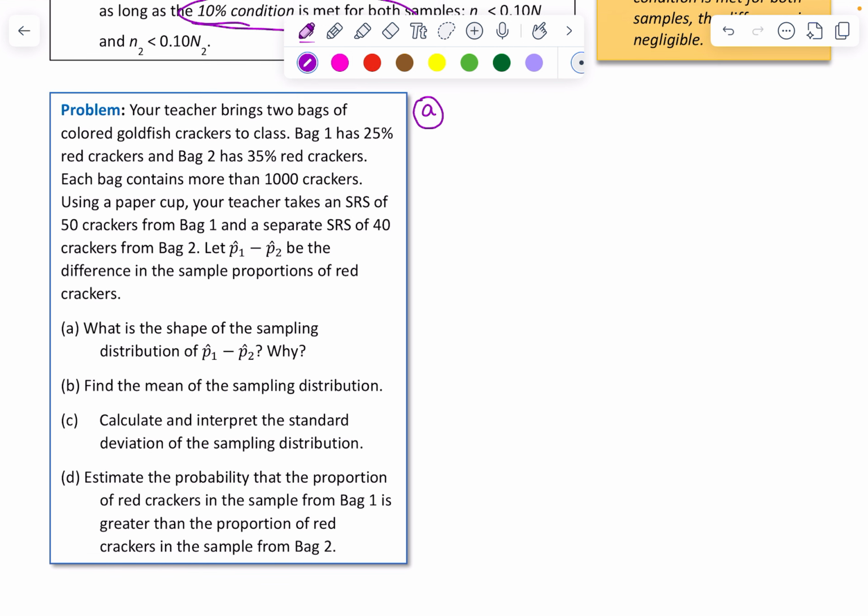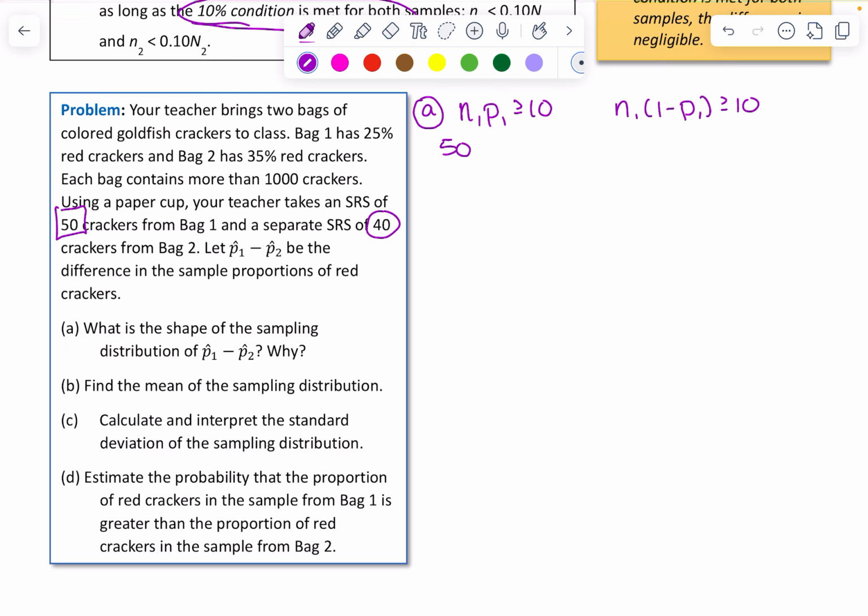Okay. The only shape we care about is normal. So I'm going to make sure n1 times p1 and n1 times 1 minus p1 both have to be at least 10. We have our sample sizes, 50 and 40. So we're going to do 50 first.